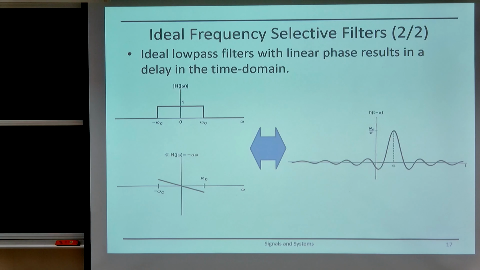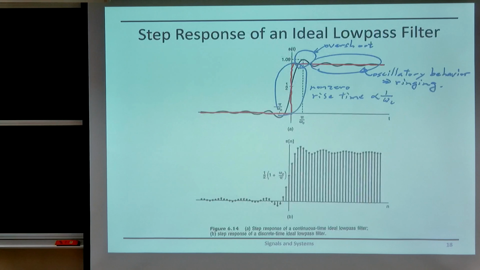But even if you can implement this, you may still not want to, because of these non-ideal properties in the time domain. So depending on your application, you may want to provide some flexibility in the design.